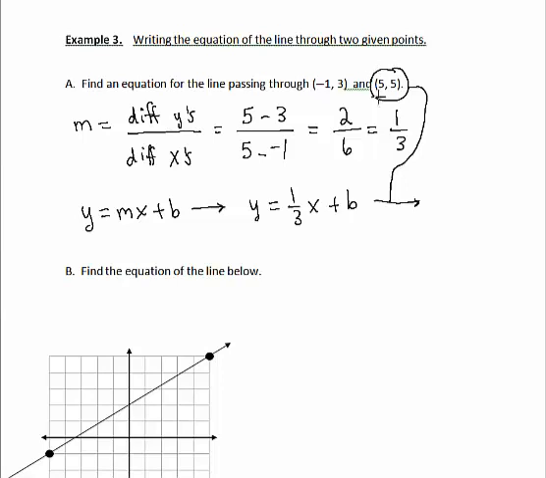I'll combine this x and y coordinate with my slope-intercept form. I get 5 equals 1/3 times 5. Both x and the y are 5. And now I have an equation where only the b is missing.